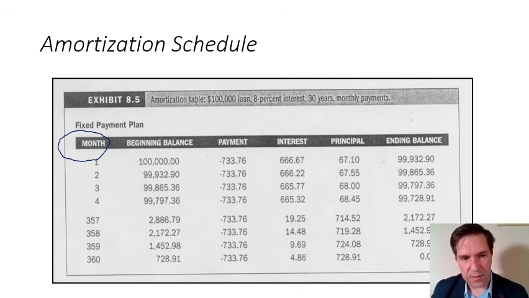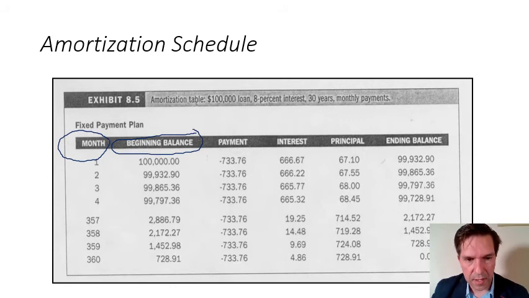Anyway, we're not talking about special cases. So you'll have whatever term of the loan you have for your exercise, right? Remember, in months. Okay. Here you have your beginning balance, right?